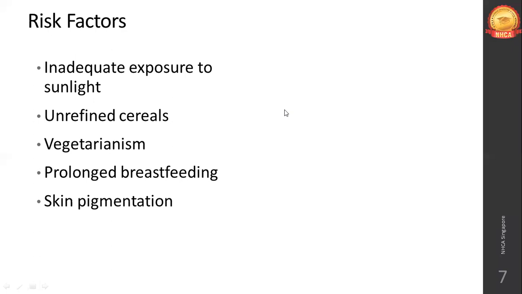Then skin pigmentation. Can you guess which segment of the population is naturally having a higher susceptibility of getting vitamin D deficiency based on their skin color, based on the race or skin color? Which segment of people would have a higher susceptibility of getting vitamin D deficiency?